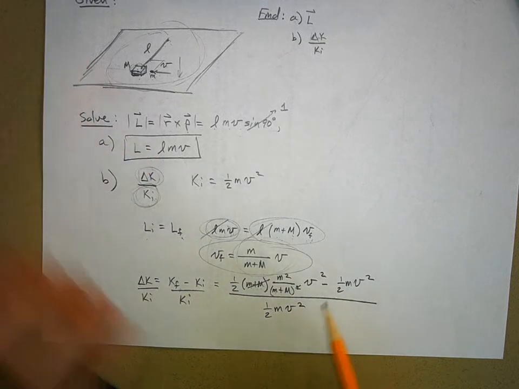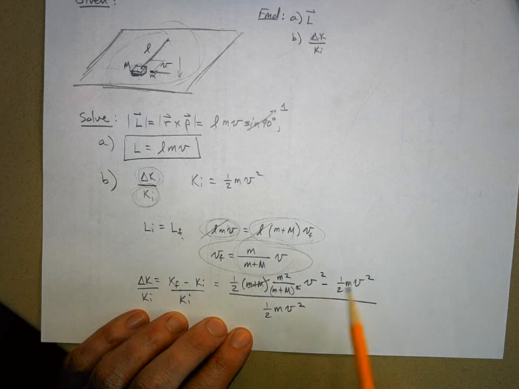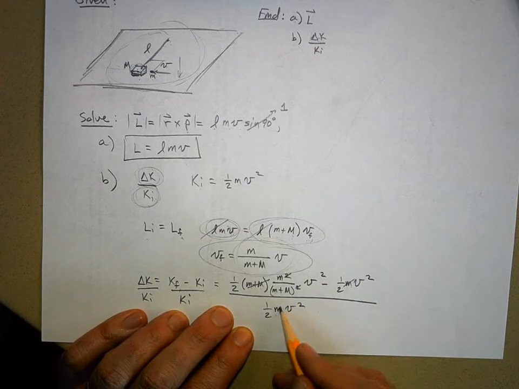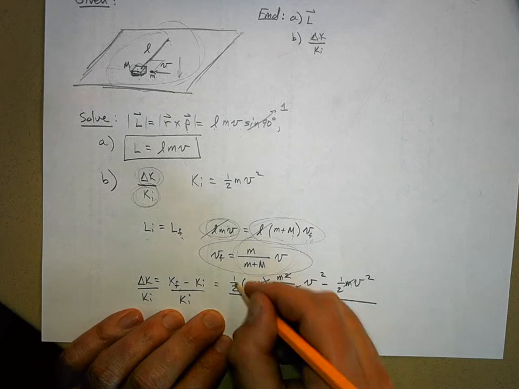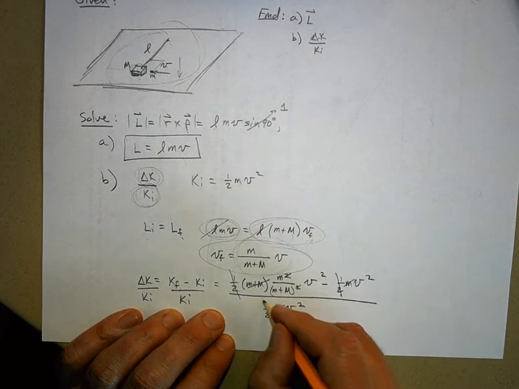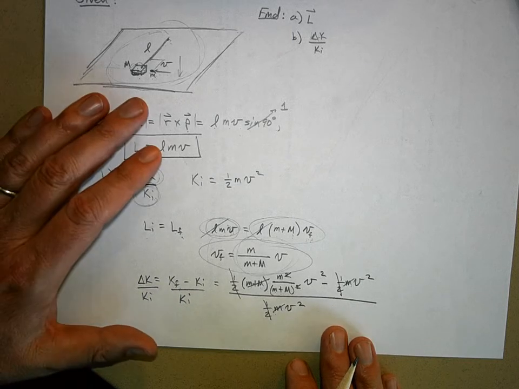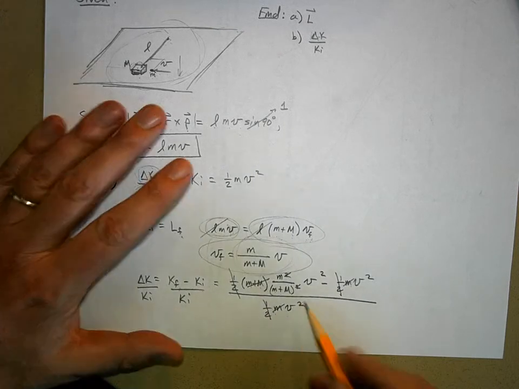And look at what I've got in each of the terms here. I got an m squared, an m, and an m. So that goes away. What else is in every term? The 1/2 goes away. And oh, what else is in there? v squared is in every term, so it goes away.